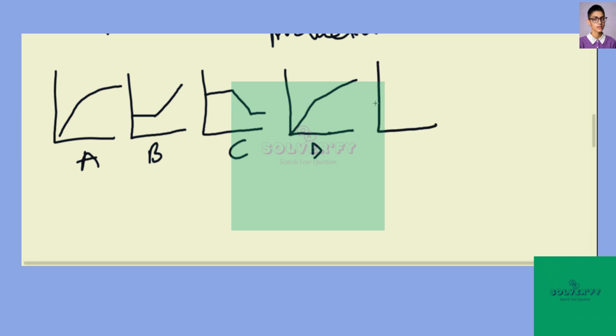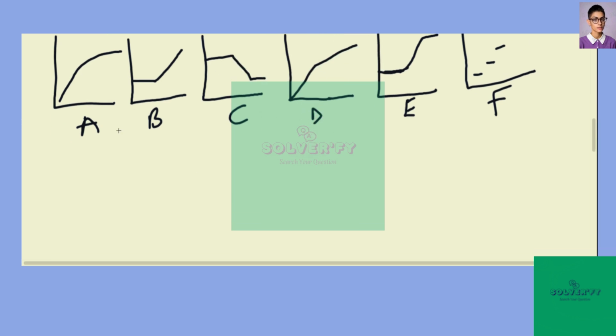Graph E looks like this. That's graph E. Graph F looks like this. Graph G looks like this. And H looks like this.